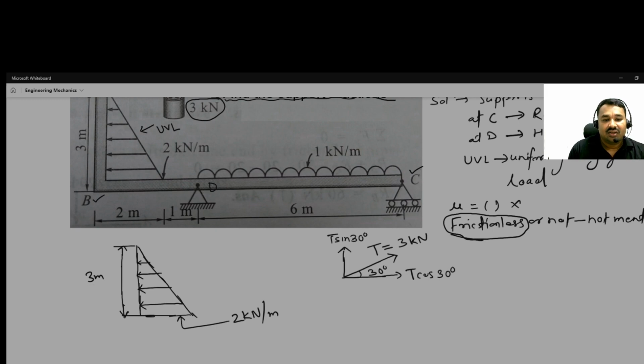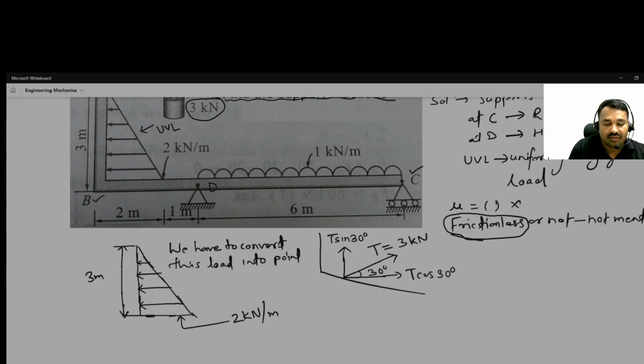Okay, so firstly we have to convert this load into a point load.